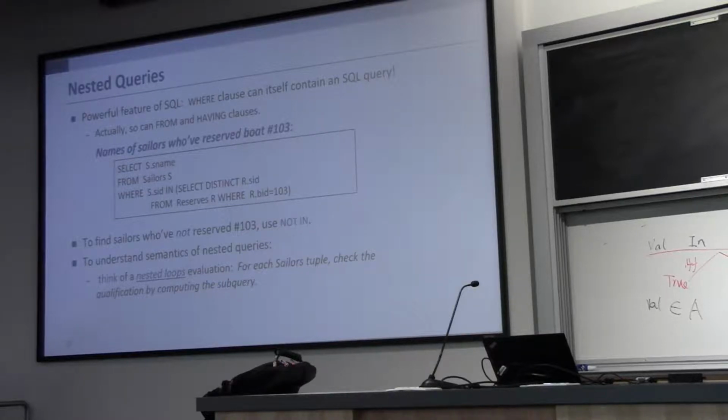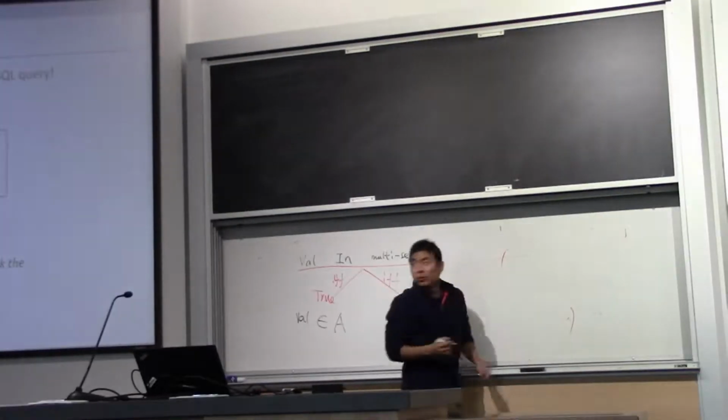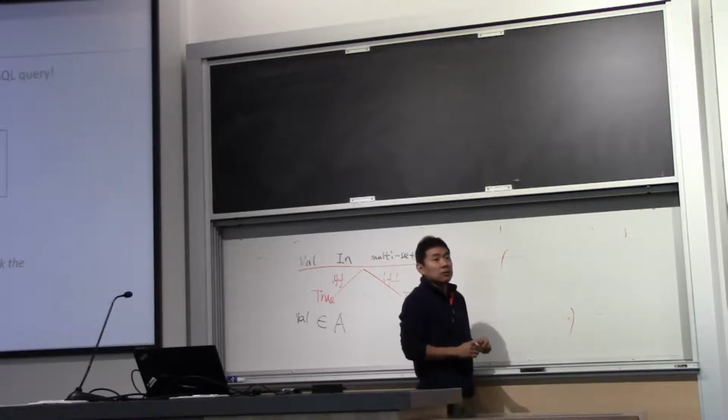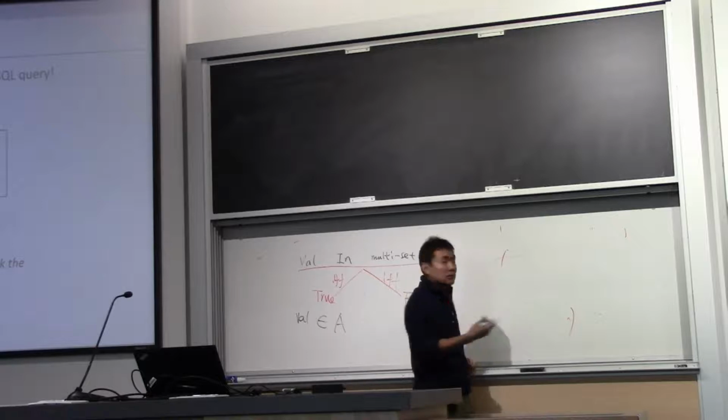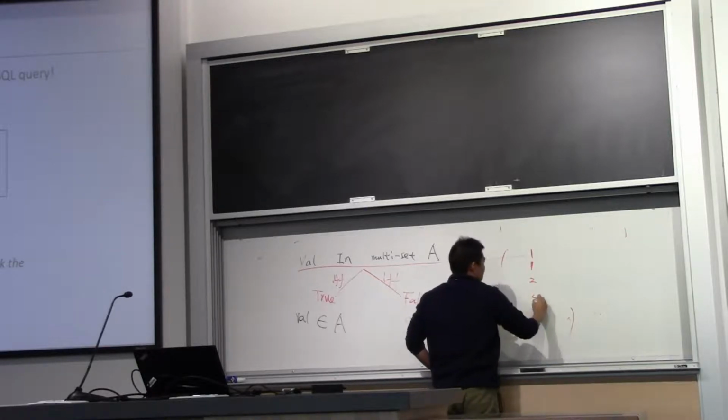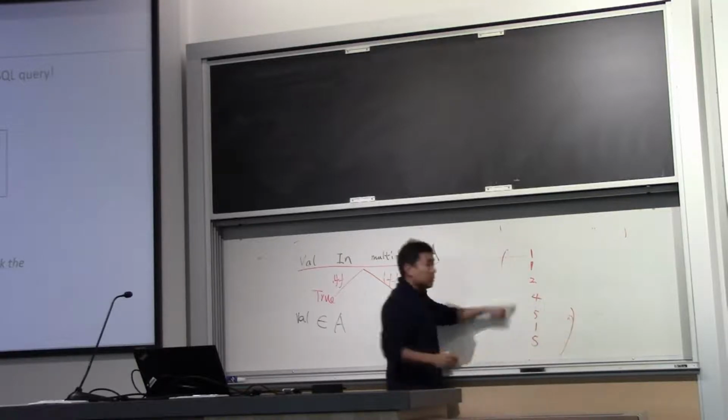Okay? Think about this. So this is a list of sailor IDs I'm going to show here. I use 103 for boat ID, so I'm going to use something else for the sailor ID. Let's say sailor IDs start from 1 to 100. But suppose I have something like this in the inner block. What does this tell me?